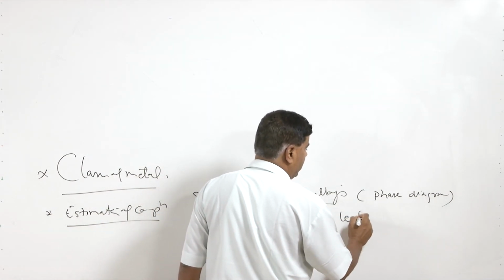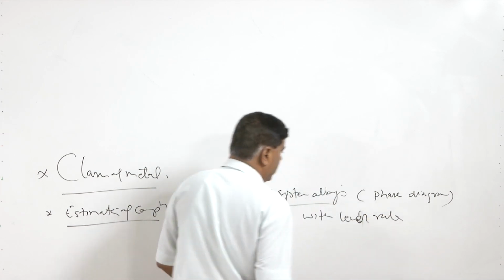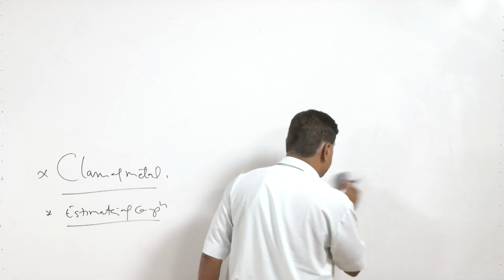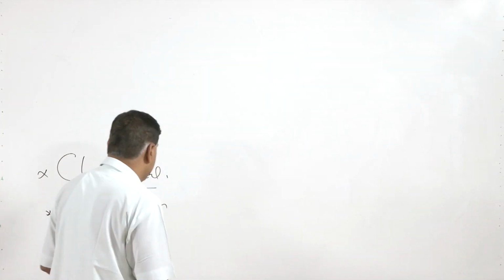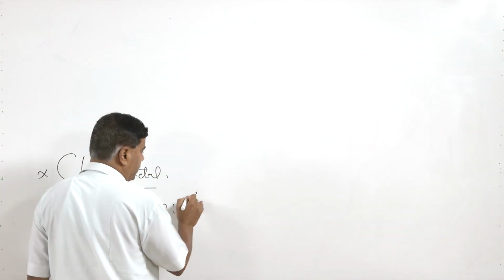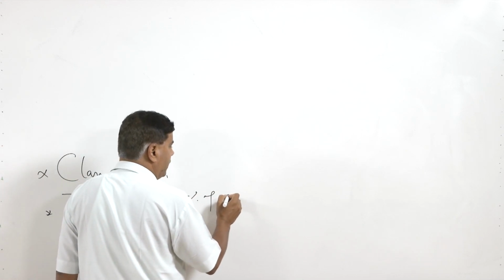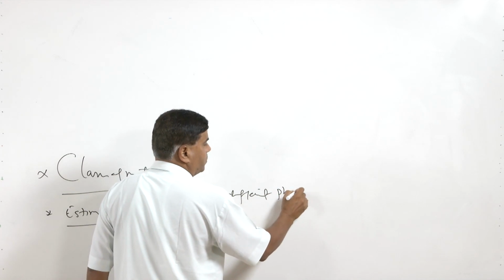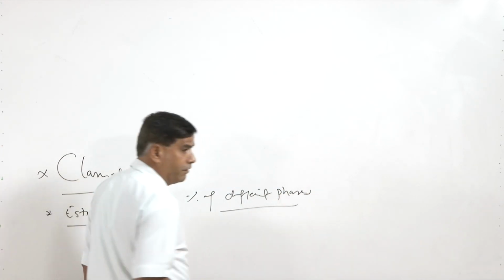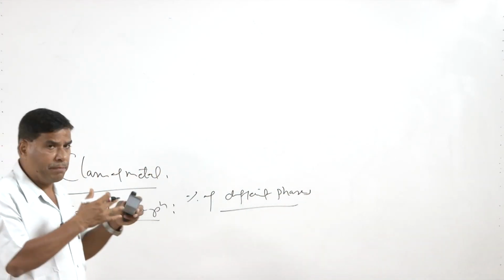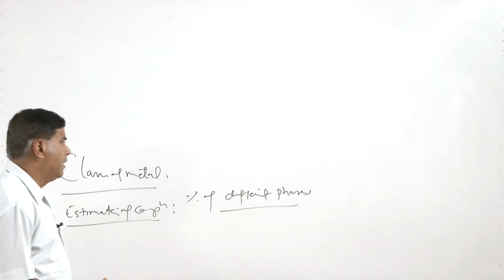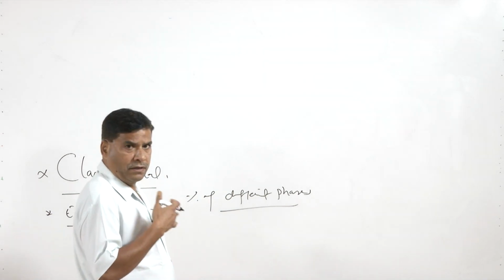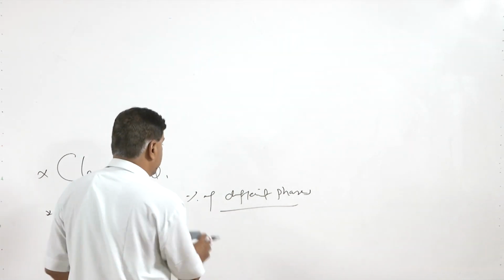If we determine the approximate fraction or percentage of the different phases present in the given metal, then using these percentages of the phases we can estimate the composition of the metal system.